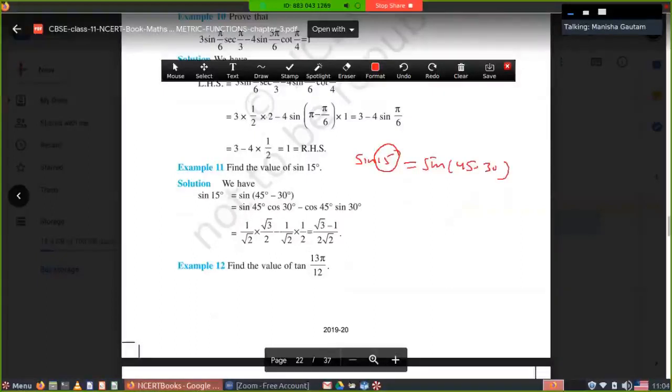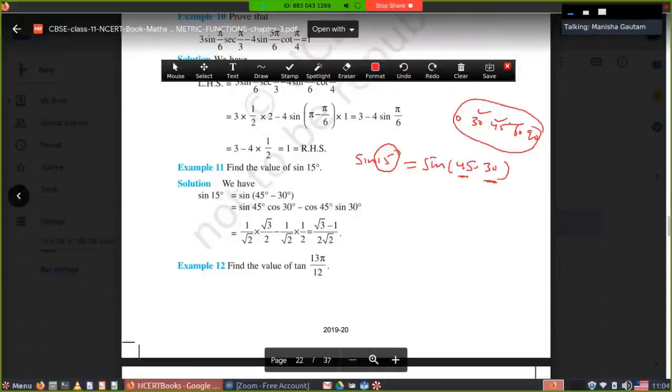We have to take those two acute angles whose values you can put, as you know the values 0, 30, 45, 60 and 90. You can take 60 minus 45, again you are getting 15. 45 minus 30, you are getting 15.